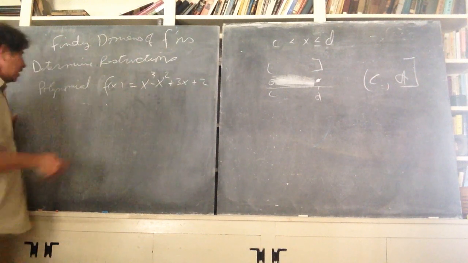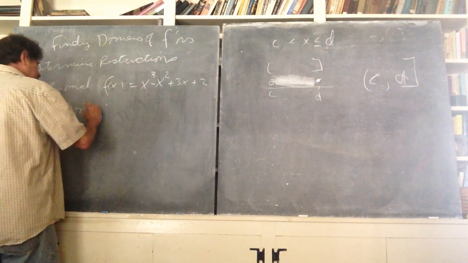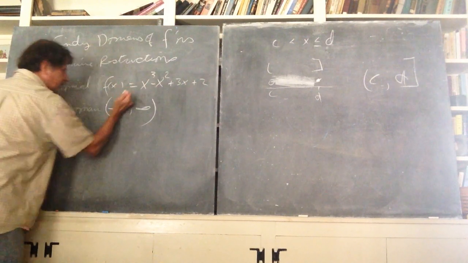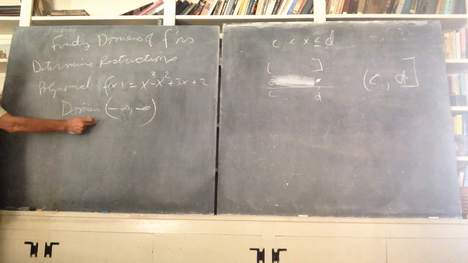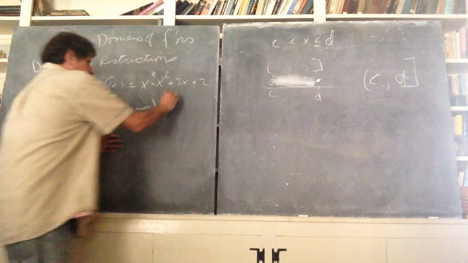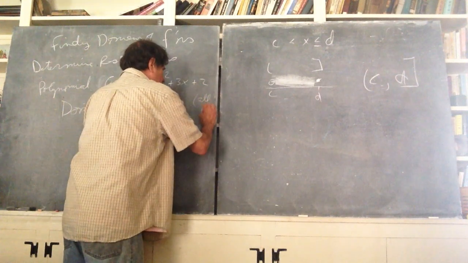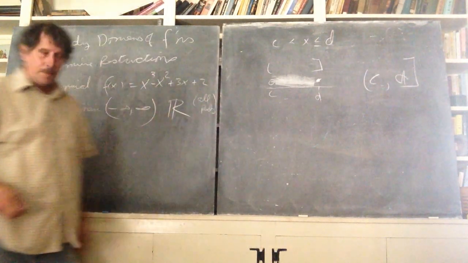The point is the domain of a polynomial is all the reals, all real numbers.